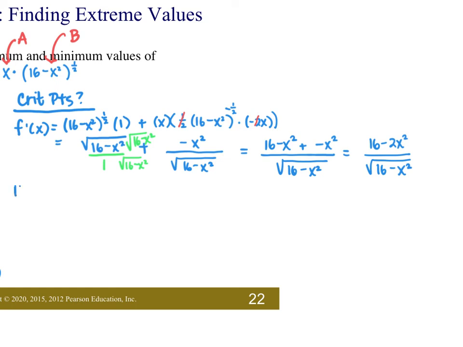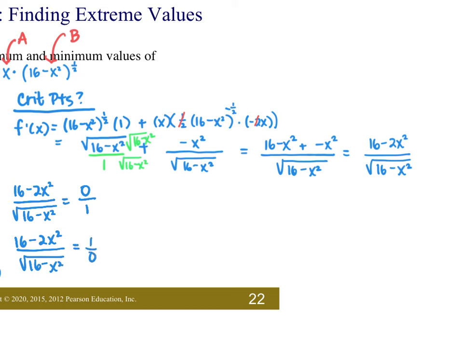So I'll take 16 minus 2x squared over the square root of 16 minus x squared and set it equal to 0 over 1. And I'll also set that equal to 1 over 0. So I'll be ready to do my cross multiplying. All right, cross multiply.